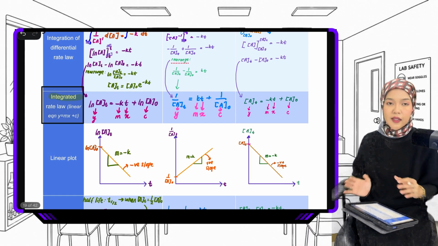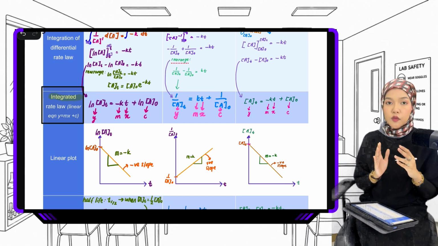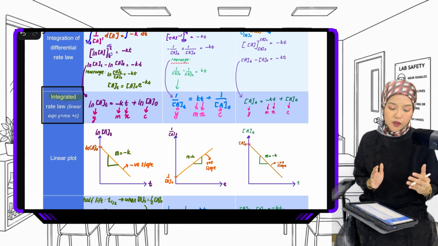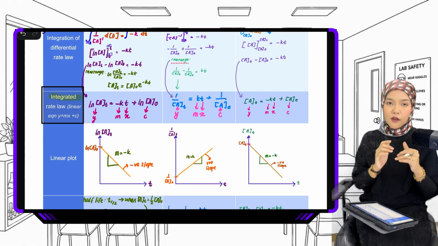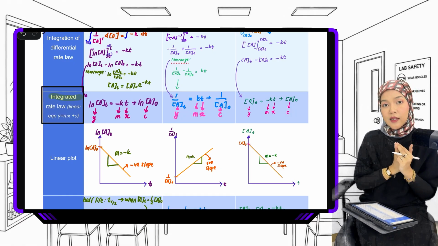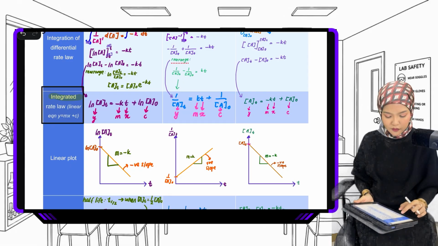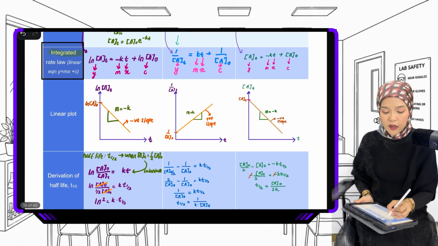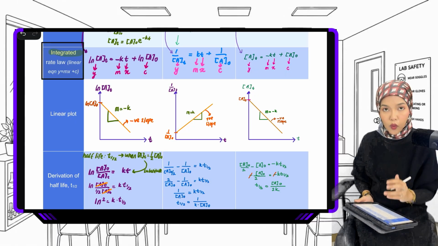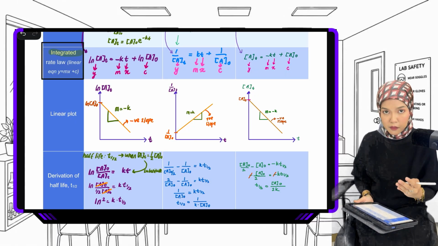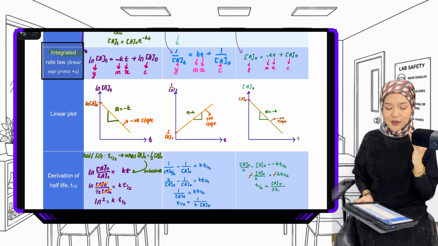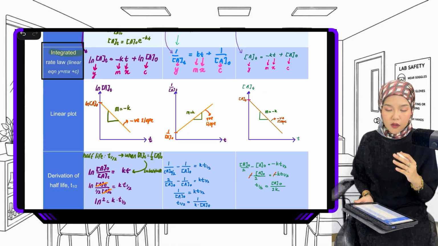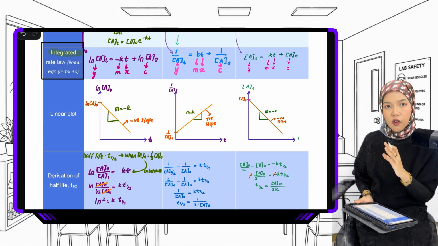Alright, so for this integrated rate law, you will get the straight line equation, which is y equals mx plus c. This is the same for all first order, second order, and also zero order. So here, for example, for first order reaction, ln A is going to be the y, negative k is going to be the gradient, x is going to be time, and the y-intercept is going to be ln of the initial concentration.